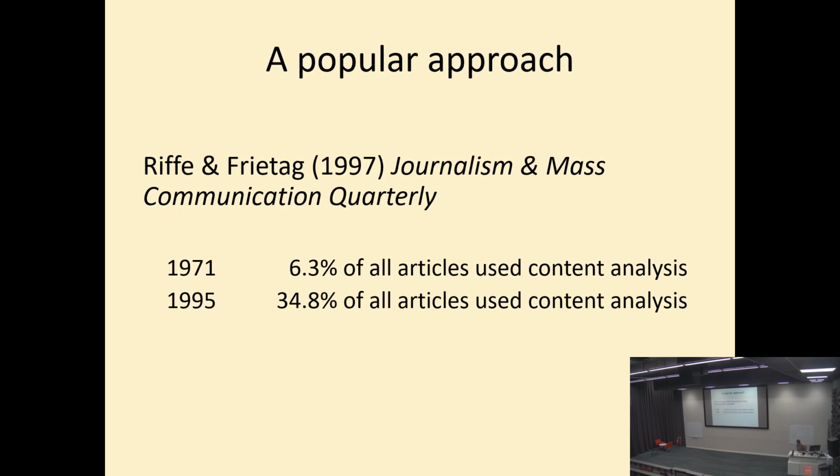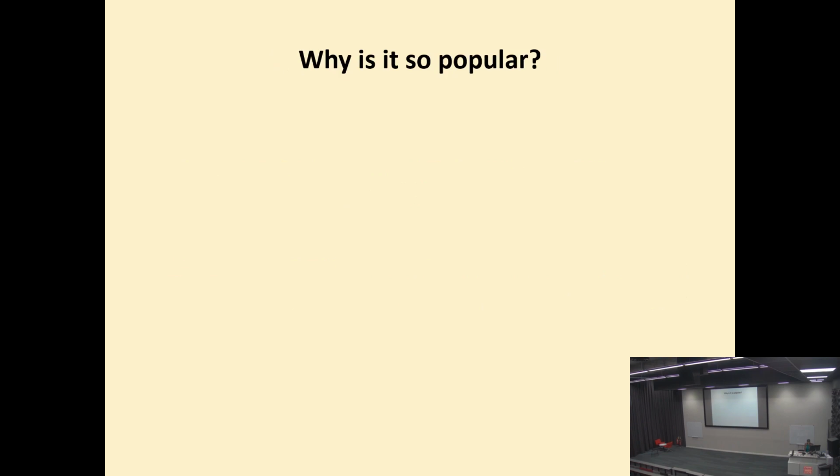One, it's displaying that there was an increase in the popularity of content analysis when you compare 71 to 95, but it is also in itself a content analysis. They've done an analysis of how often that method of content analysis appeared in the journal articles. So it's very popular, it's very convenient, and it can be very powerful.